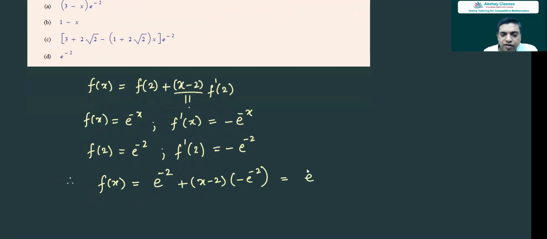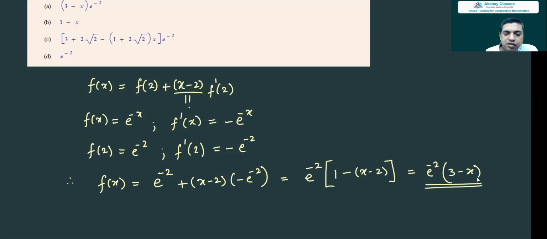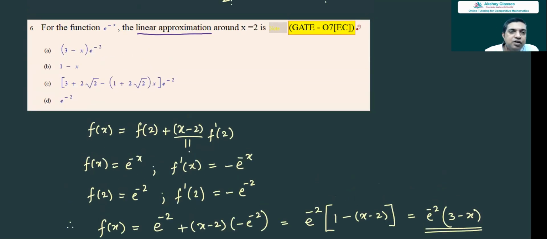So when we take e power minus 2 common, we get 1 minus of x minus 2, so e power minus 2 into 3 minus x. So A is the correct option.